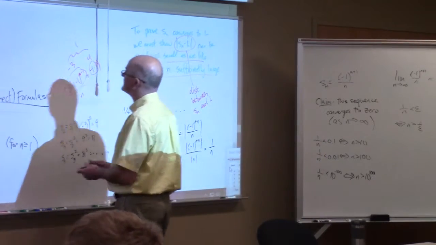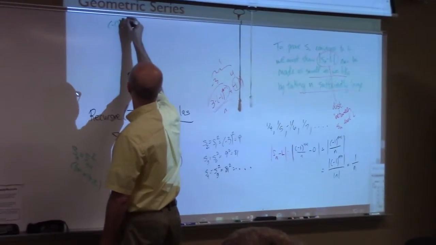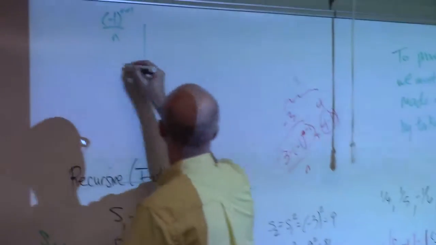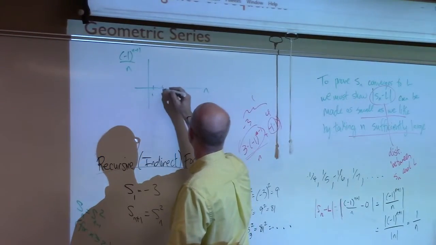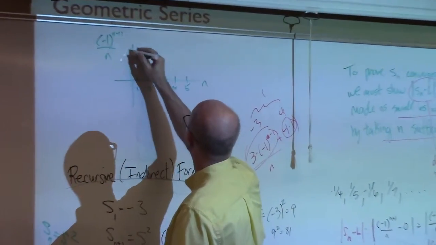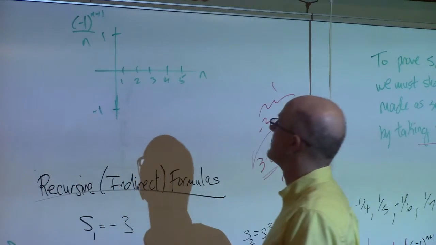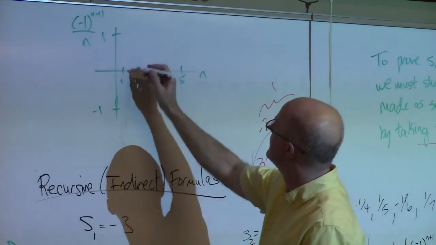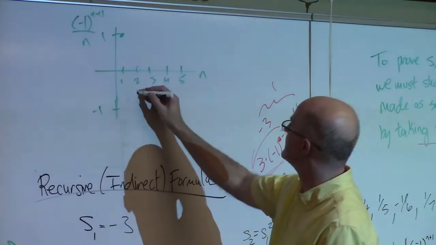You can graph sequences, as I mentioned last time. The one that's (-1)^(n+1) over n can be graphed as follows. When n is 1, it is 1, so it's up here. When n is 2, it's negative 1/2, so it's right there.